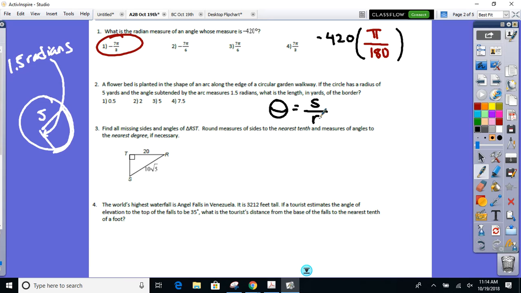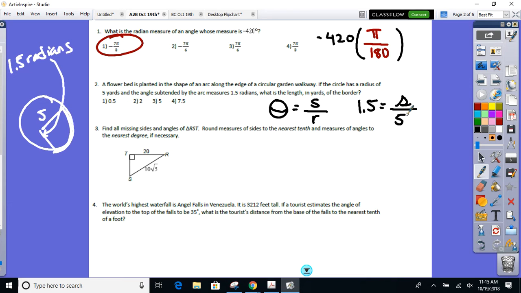All right, help me out, everyone. Theta, that was my angle measure. What's my angle measure? 1.5 radians. Arc length, try to find it, don't know it, over radius length. Look how easy this problem is when I remember the formula and know what it's used for.